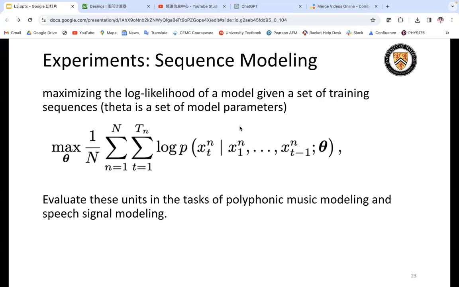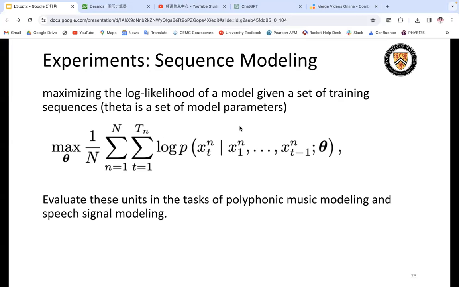So here we are maximizing the expression 1 divided by n, where n is the number of sequences. So we are simply taking the average loss. And the loss for each sequence is computed as a summation from t equal to 1 to the time step tn, and summation of log probability of x_t^n given all the previous elements x_1^n all the way to x_{t-1}^n and theta.